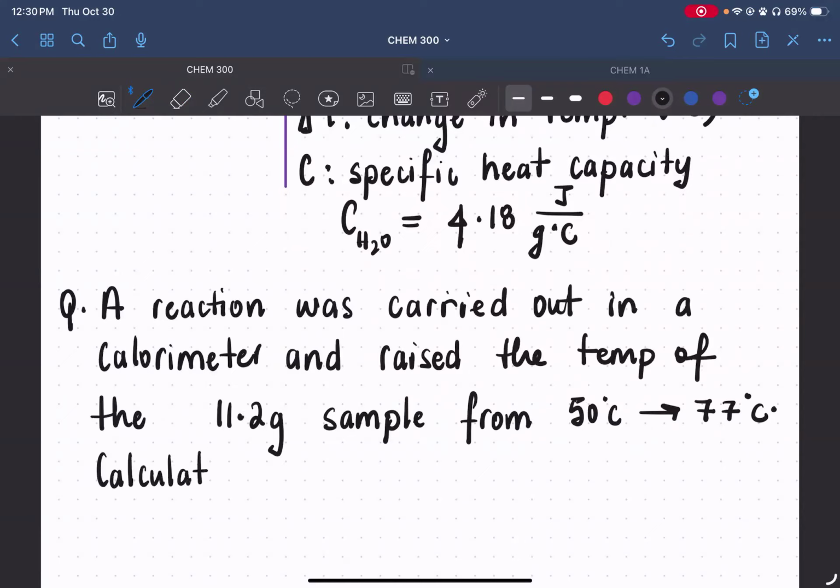The question simply writes, calculate Q.